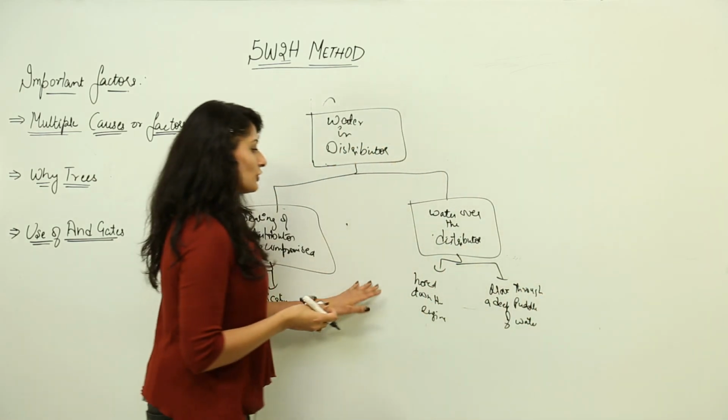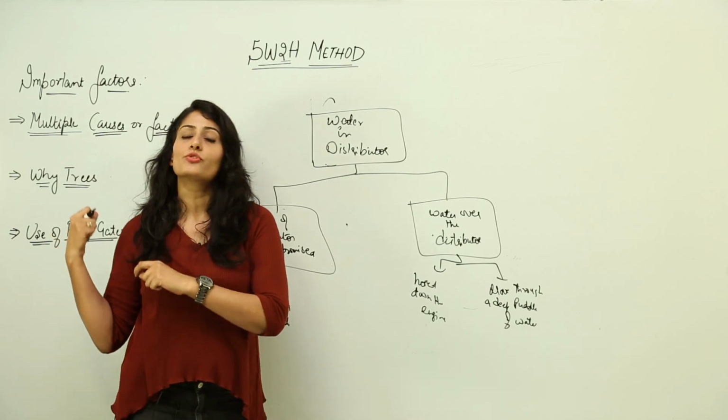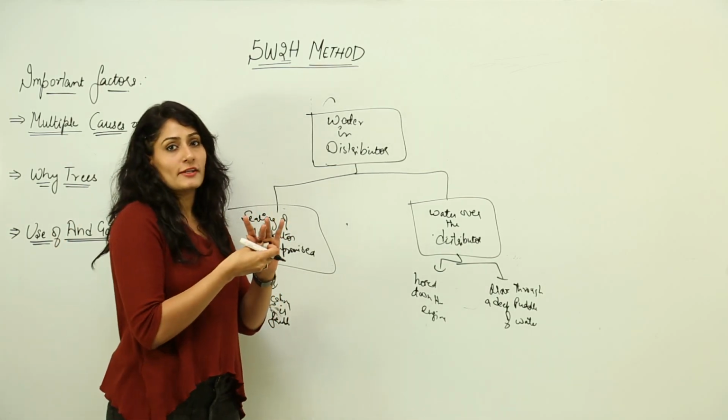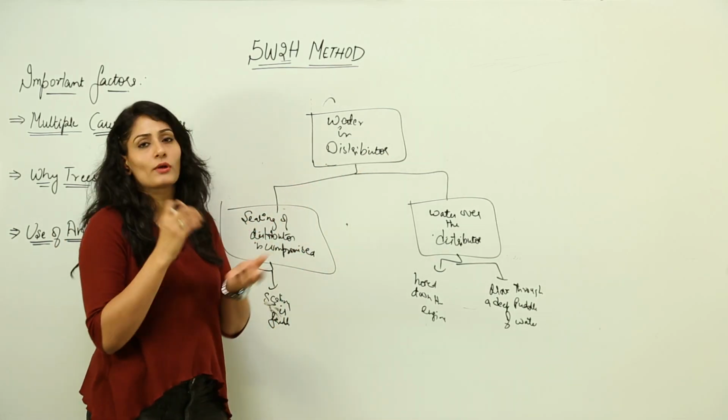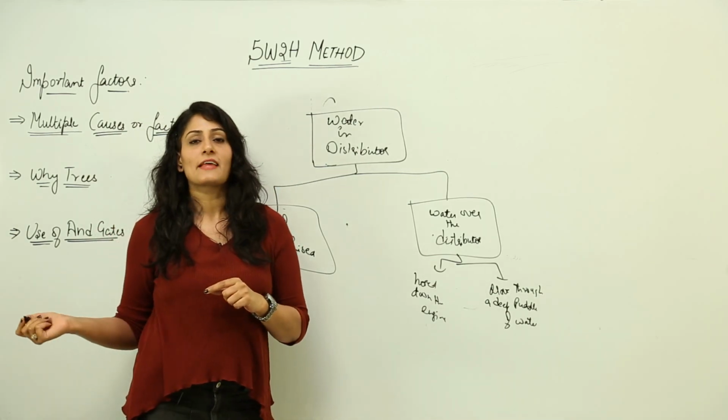Right. So actually what I wanted to tell you is to always take care and use AND gates in case your analysis shows that this factor can only happen when these two things are coming together. So this is what is known as an AND gate.